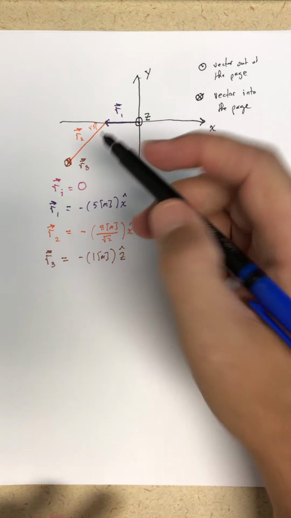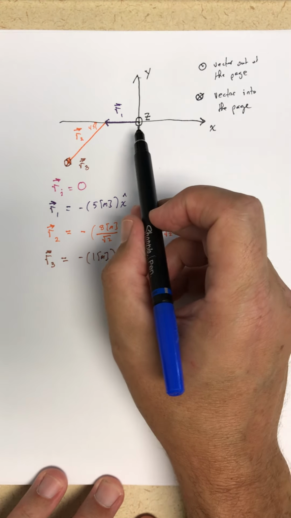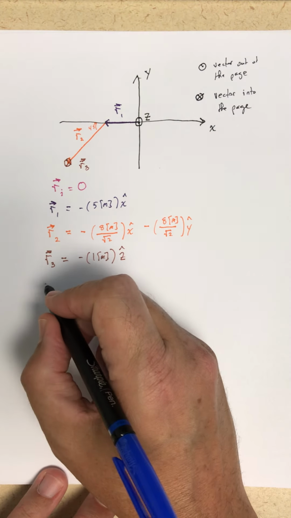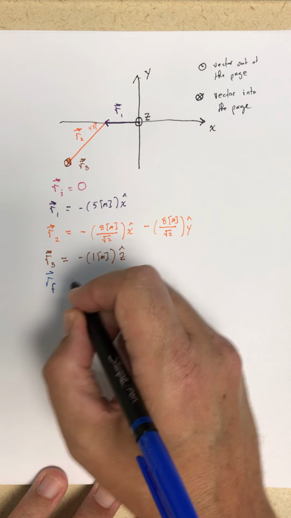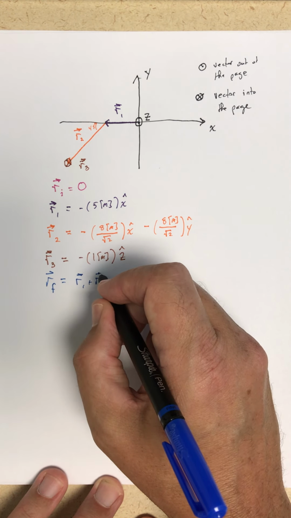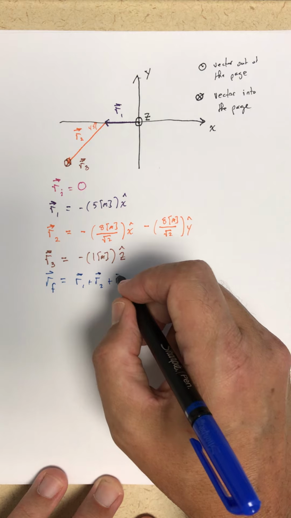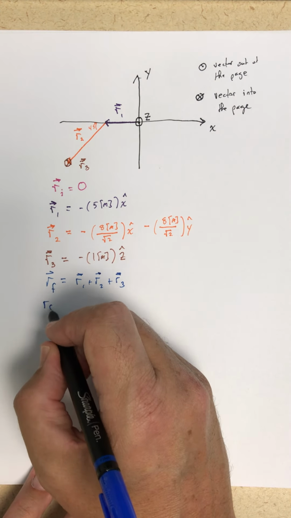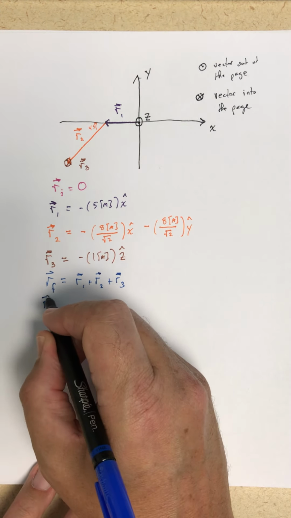So the final position is the vector sum of r1 plus r2 plus r3. Go through all those motions. And the final position is a vector in space.